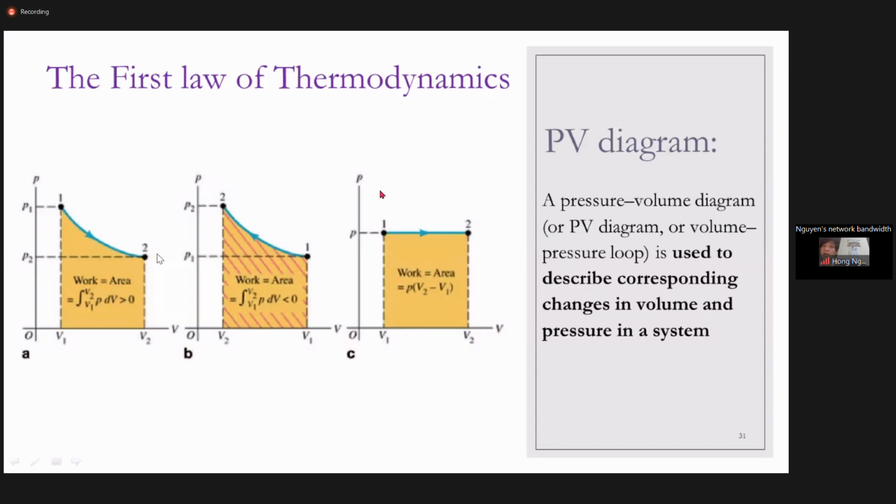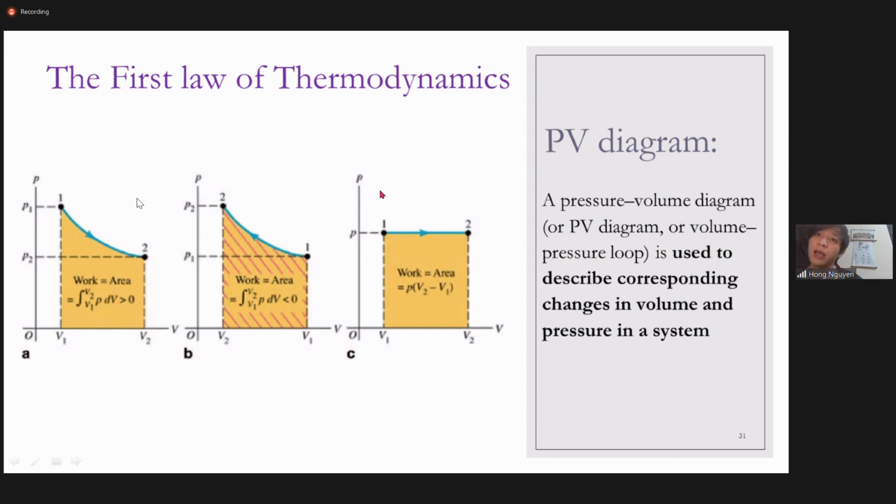In a PV diagram, a process is expressed as a line, a curve, and so on. Anything that relates states, we have a process.